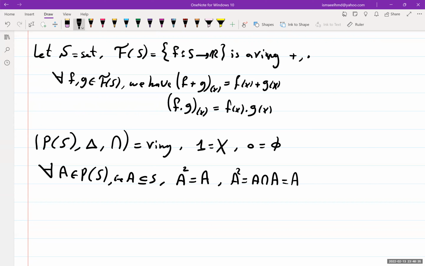For polynomial rings, as we said, R of X, the invertible elements are only the invertible elements of R. For example, X has no inverse.